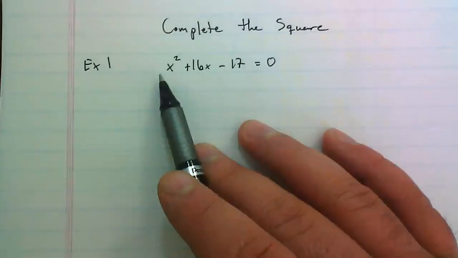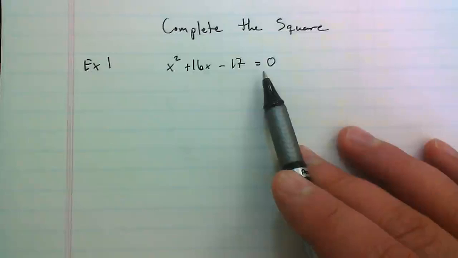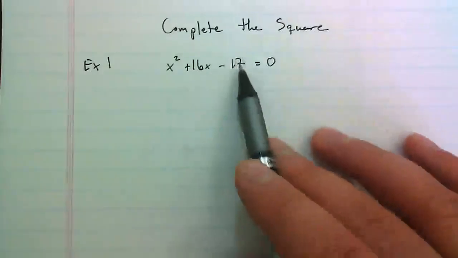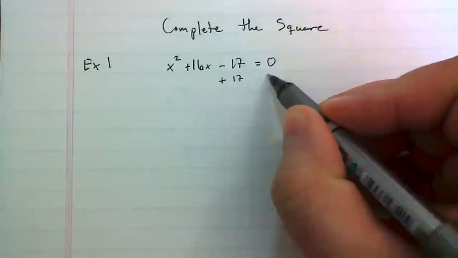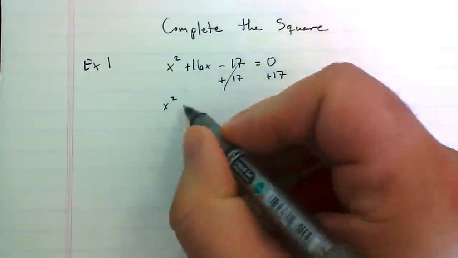I'd like to start off by doing step 1, which is setting the equation equal to 0, and then moving C, this last number here, to the other side of the equal sign.